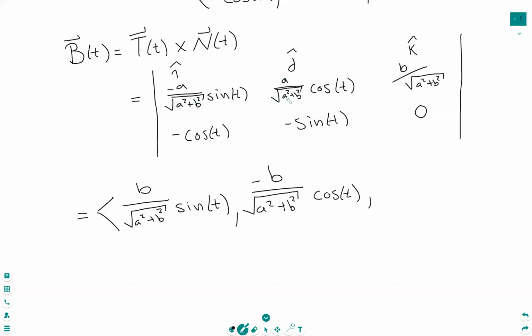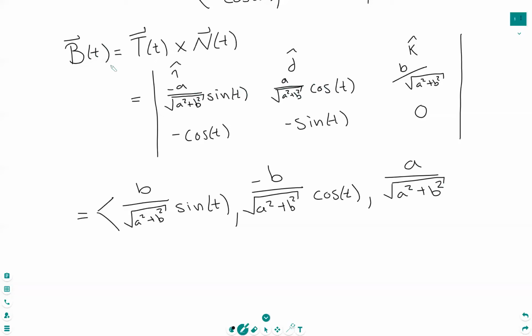So I have a over the square root of a squared plus b squared times cosine t multiplied by negative cosine of t. So it looks like I have this double negative. I have this negative here, and I'm subtracting this. So I have plus the a over square root of a squared plus b squared cosine squared. So it looks like I have the same coefficient again, and I have a sine squared plus a cosine squared. So this last term ends up giving me a over the square root of a squared plus b squared.